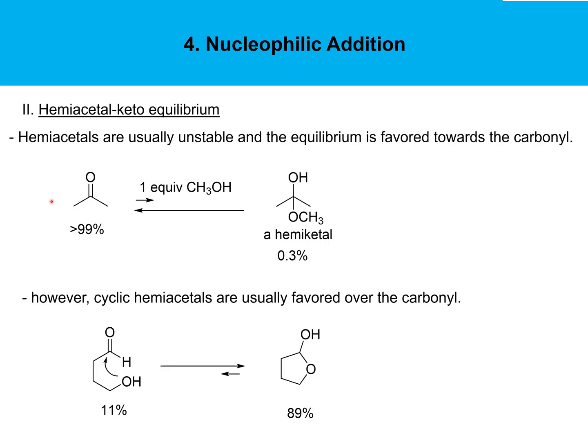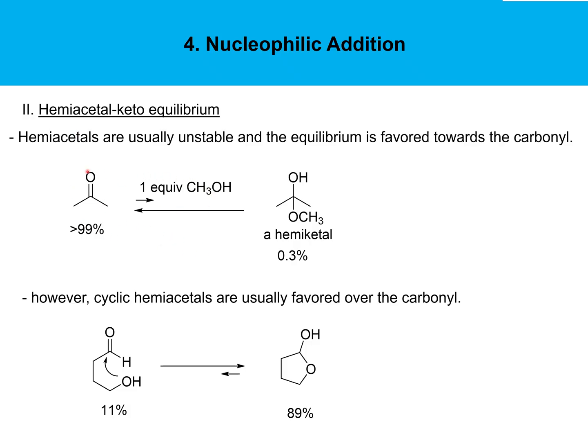A little bit about the hemiacetal to ketone equilibrium. So in general, hemiacetals or hemiketals are unstable, and the equilibrium will be favored towards the carbonyl, whether it's a ketone or an aldehyde. So here's a look at what I'm referring to.